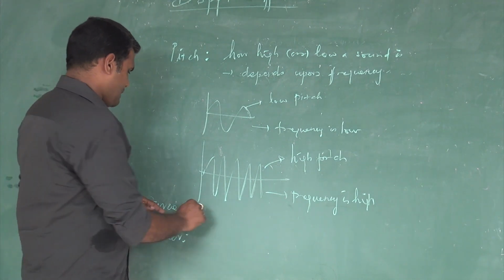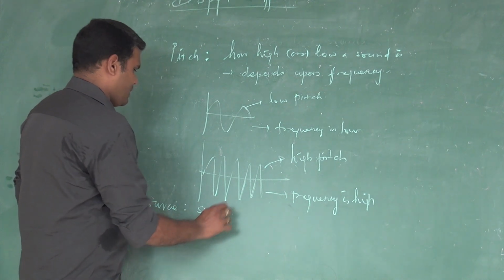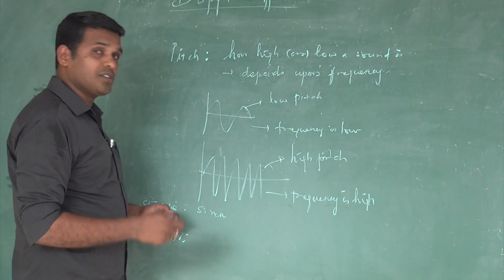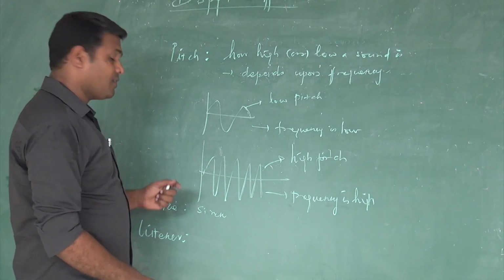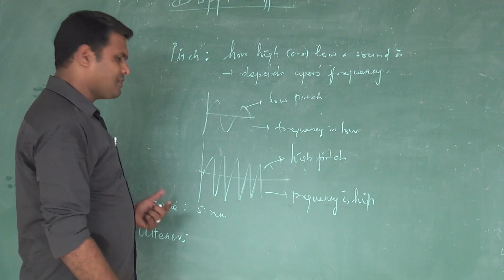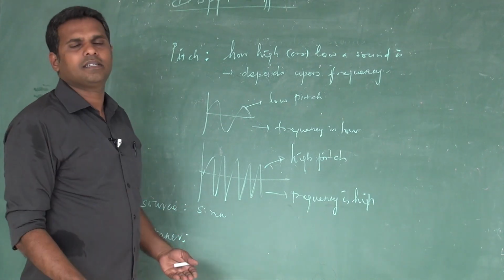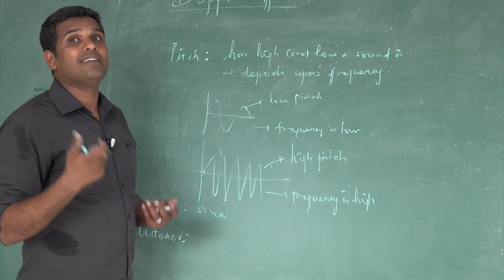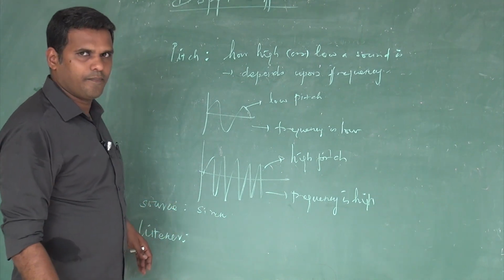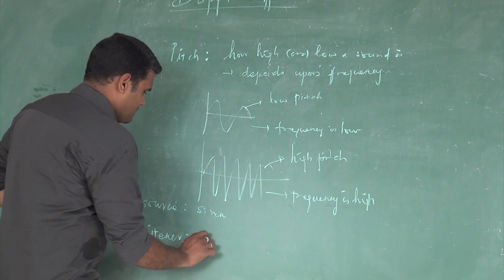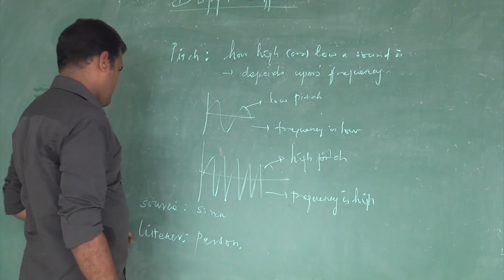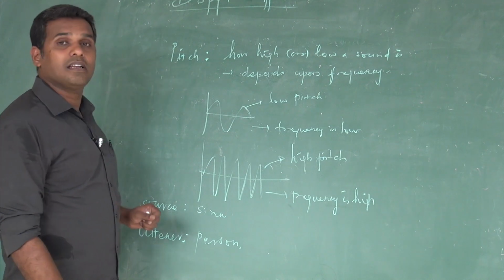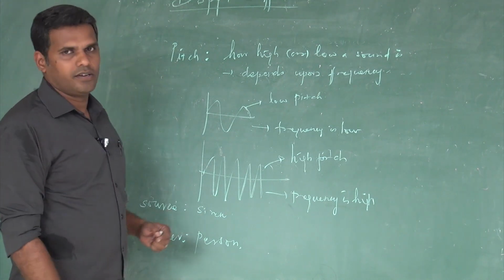So I can say a siren in a police vehicle, or a siren in an ambulance, or a whistle blown by a train, are examples of sources. And then a listener is ordinarily a person who is standing on the platform or on the roadside, or any detecting device. So a person, for example, is considered to be a listener. So you will use the terms source and listener, which are very important in the Doppler effect.